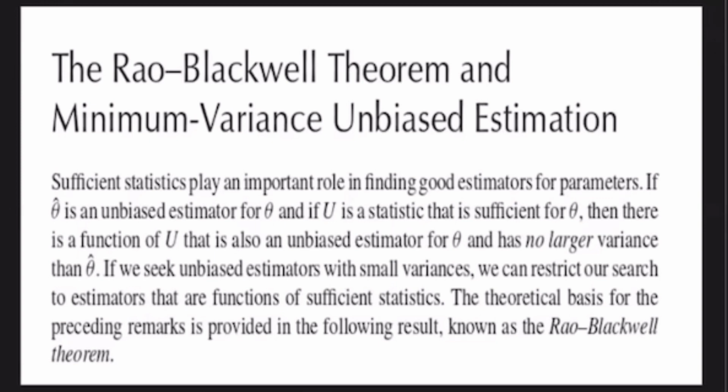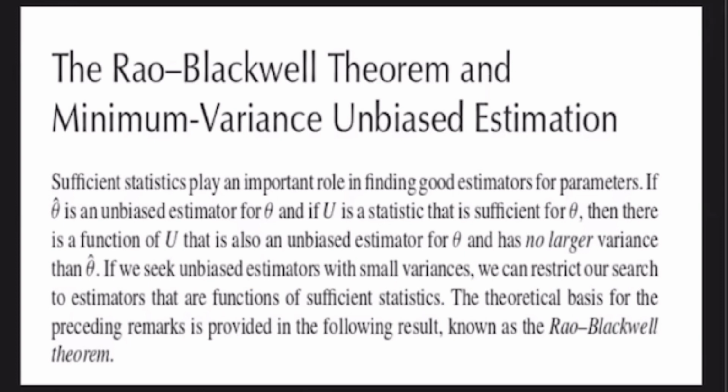And the variance of that function will be less than or equal to the variance of the estimator, which means that variance is even better than the variance of the estimator, or they are equally efficient. If we seek an unbiased estimator with small variance, we can restrict our search to functions of sufficient statistics.